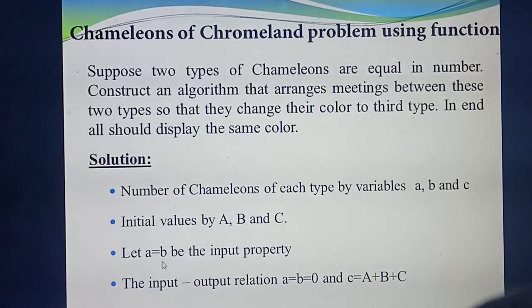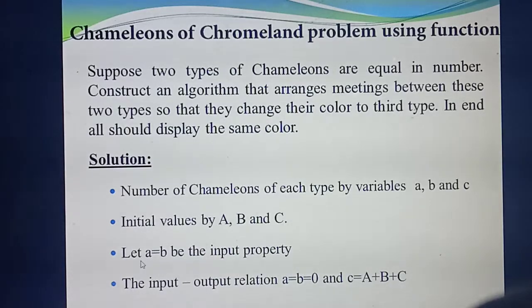Let A equal to B be the input property. What does the input mean? The question itself says two types of Chamberlains are equal in number. The first two types are A and B, and they are equal in number, so A equals B. That is the input property.